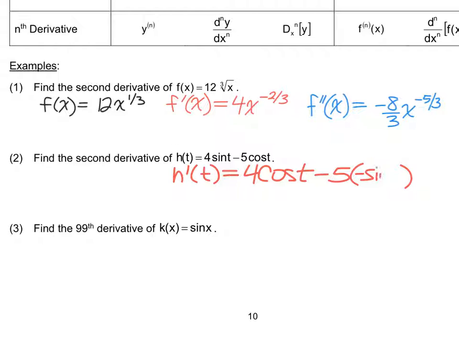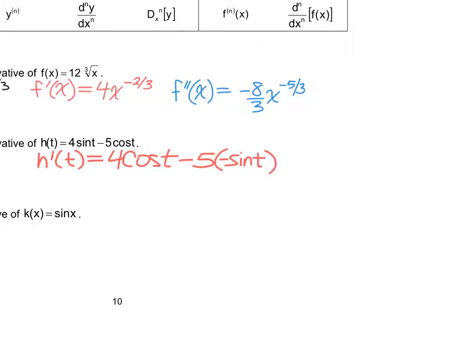Negative sine of t. So you could do it all in one shot if you want. Make it 4 cosine t if you see it. Oh, not cotangent, cosine of t. It looks like cost. Hold on. Plus 5 times the sine of t.